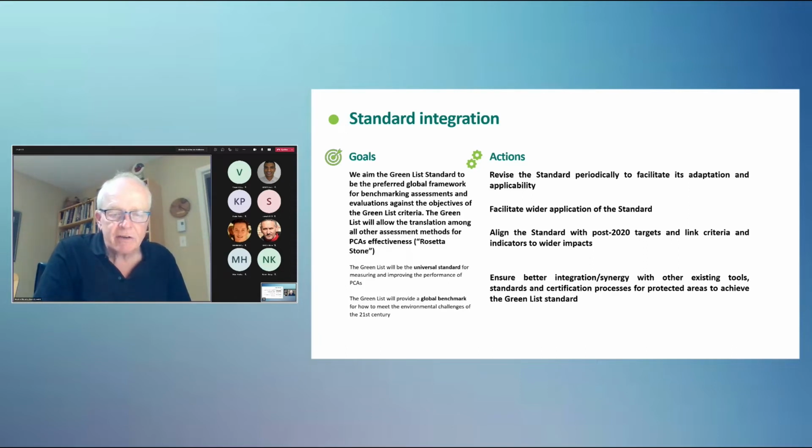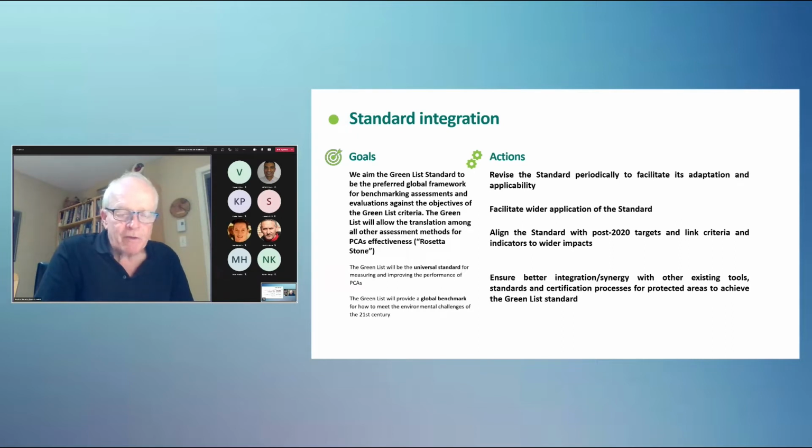But we think the standard has far broader application beyond certification. Yes, certification is important, and many protected areas want to be certified by IUCN, but the standard exists in its own right to help countries, agencies, organizations understand protected area management effectiveness that leads to conservation outcomes.